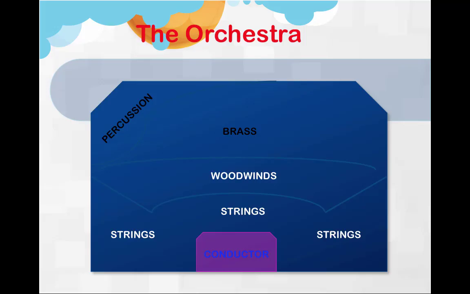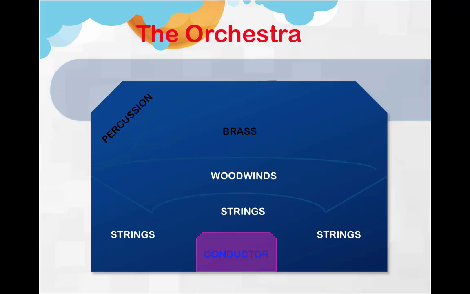So they have devised a system of organizing the instruments of the orchestra, and you can see the four basic sections here. We have the string section, the string instruments, and those instruments sit in the front of the orchestra, the closest to the edge of the stage, the closest to the audience.